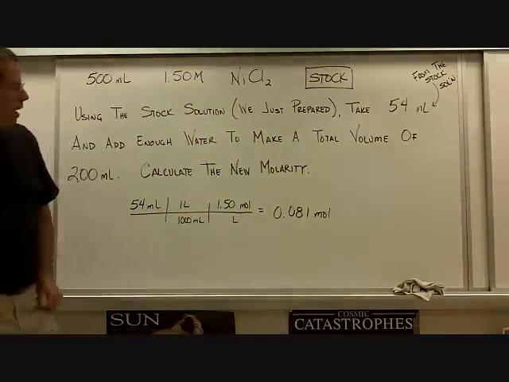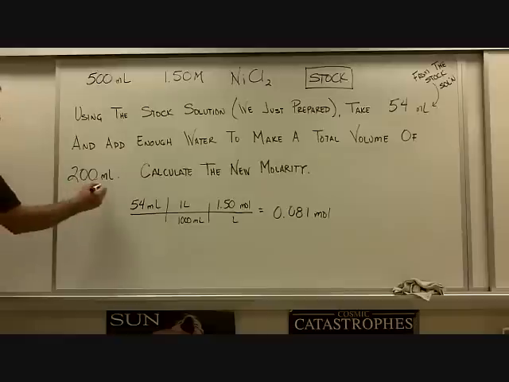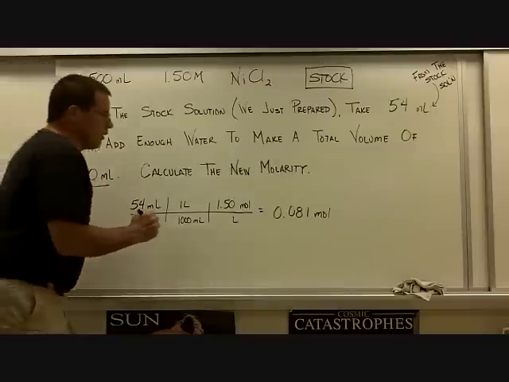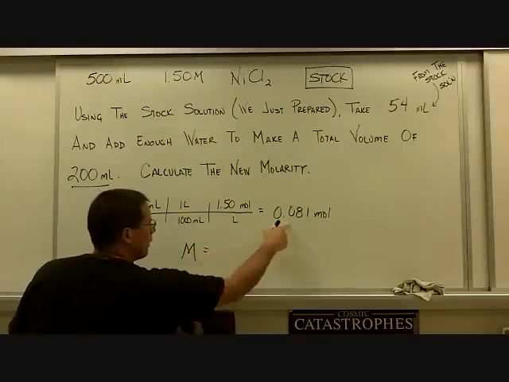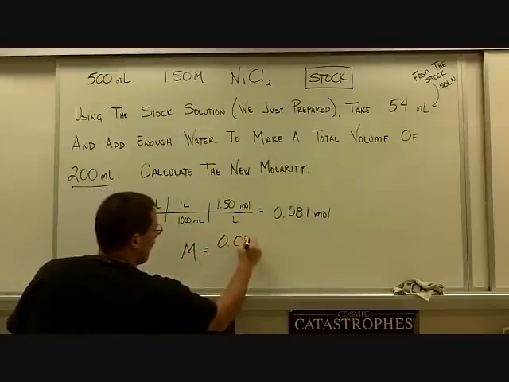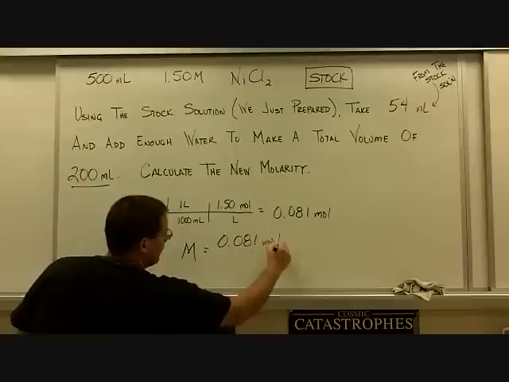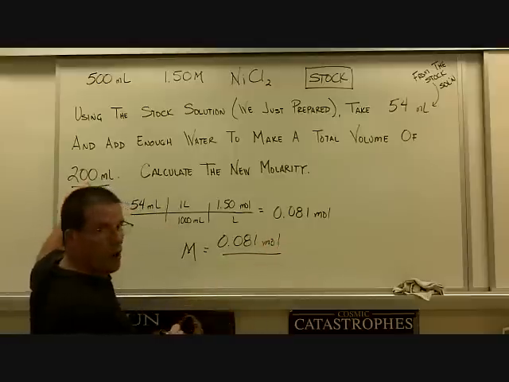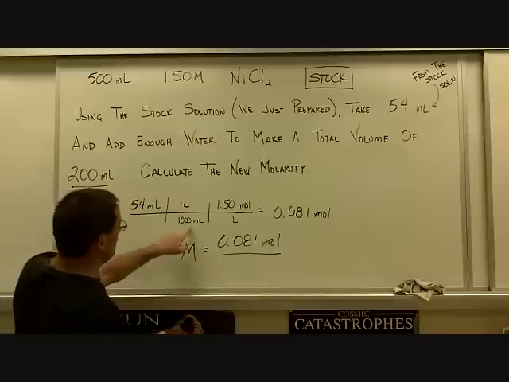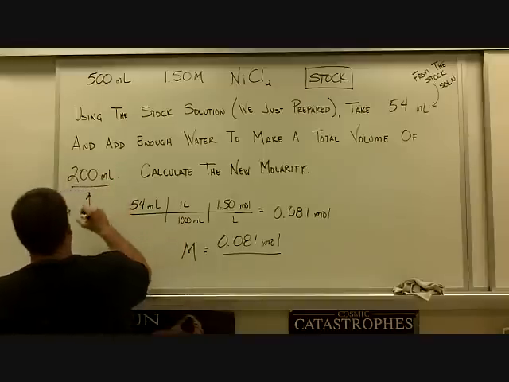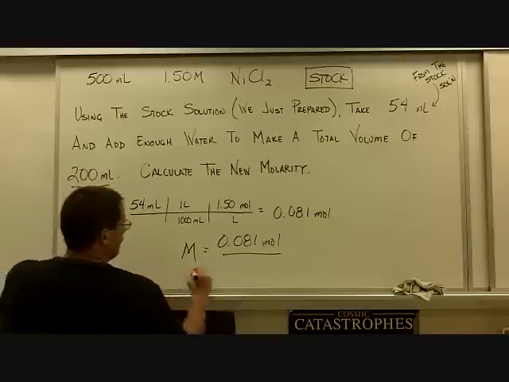Once you know how many moles you have, it asks us to go to a total volume of 200 milliliters. So now we can find out what the new molarity is. You take your number of moles and divide it by the total volume, which in this case is 200 milliliters. Also realize that there's 1,000 milliliters in every liter, so this is actually equal to 0.2 liters.